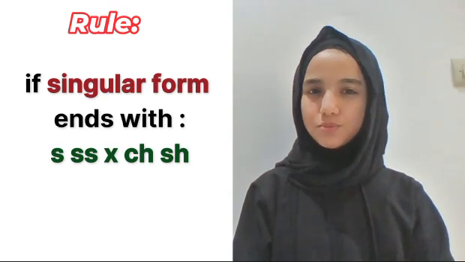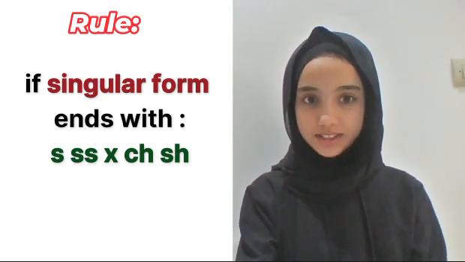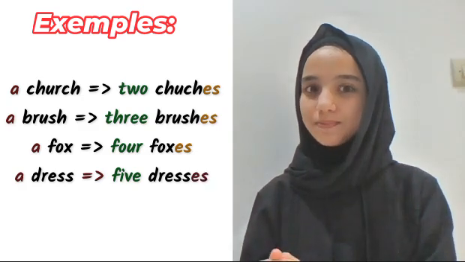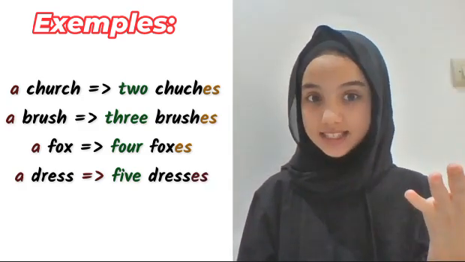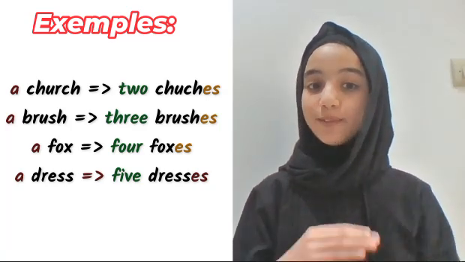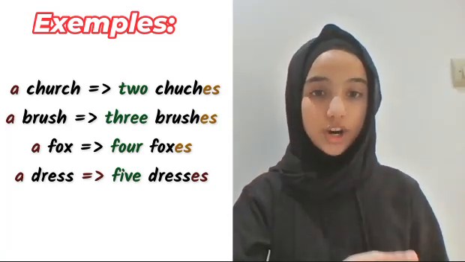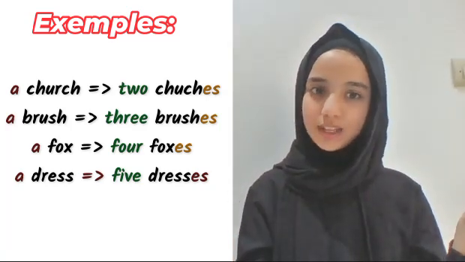Now let's move on to the next part. This part is the practice part, with some examples for the es plural form. Church, churches. We have to add es, the word finishes with ch.